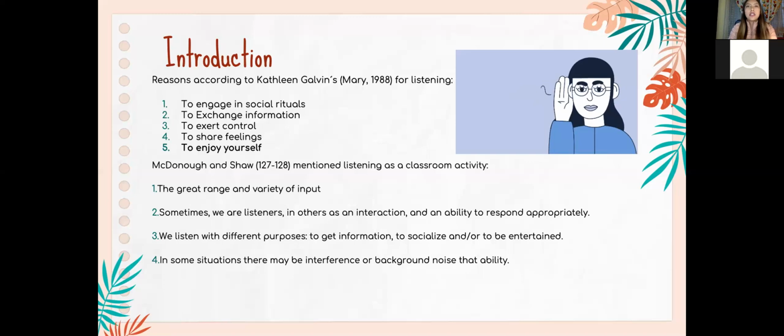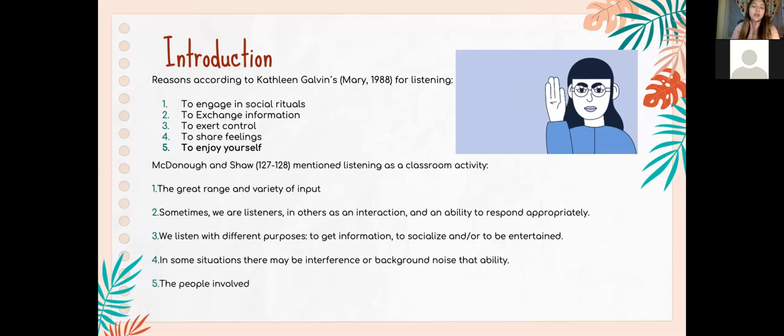That ability is focused on when we are listening without any picture or visual resource, so that we could infer the meaning. We are only listening, but there are many factors that could influence our comprehension.